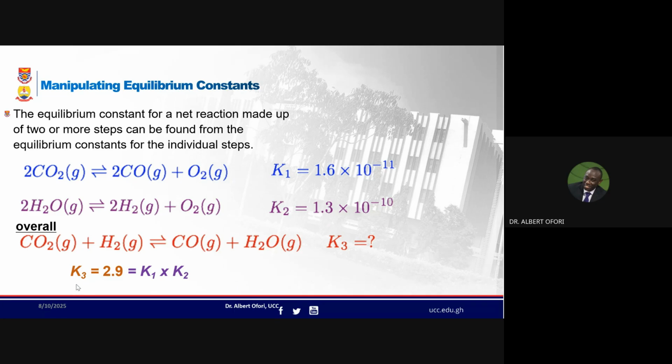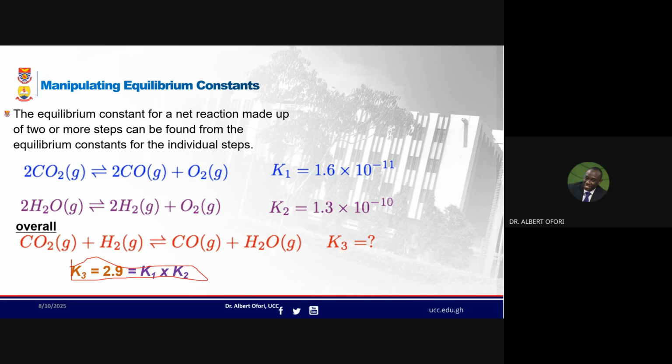When we sum equations together, the new K becomes the K of the individual equations multiplied together. Keep that in mind.